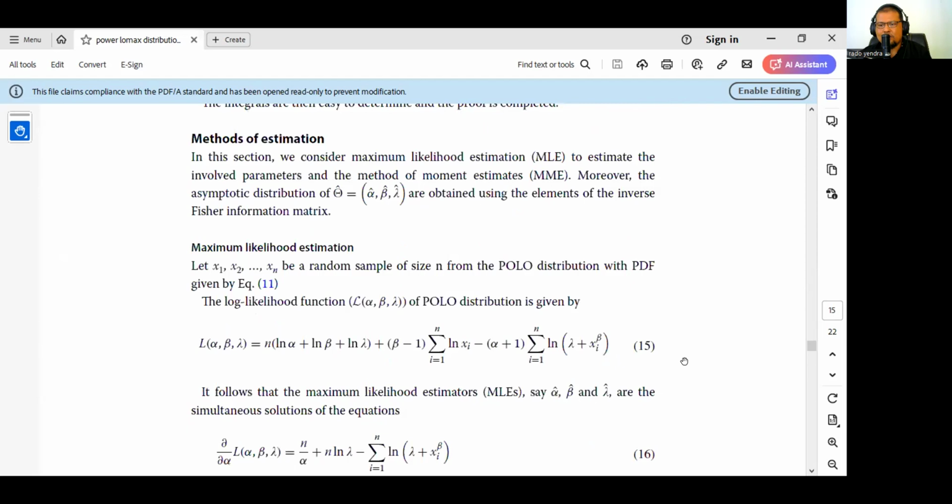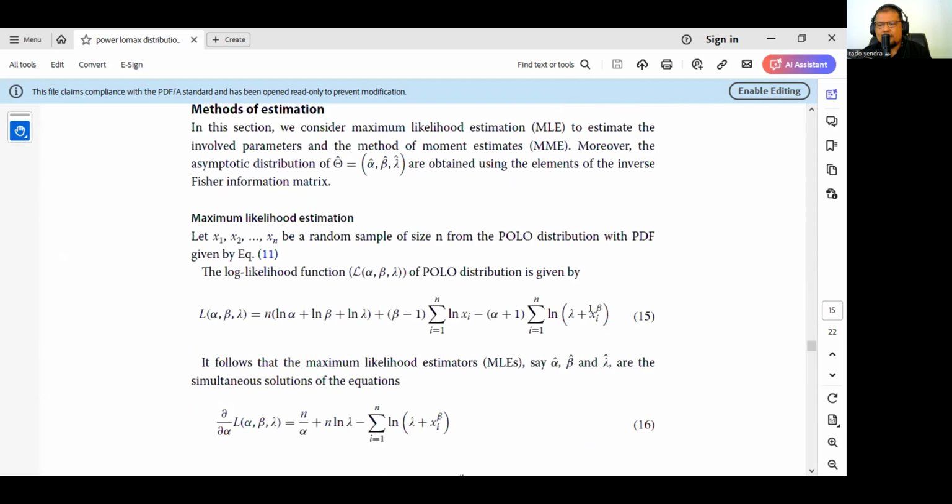In equation 15, we can find the wrong log likelihood like this one. If we try to find the log likelihood, of course, in equation 15, we must put alpha here. We must put alpha before the natural logarithm of lambda.